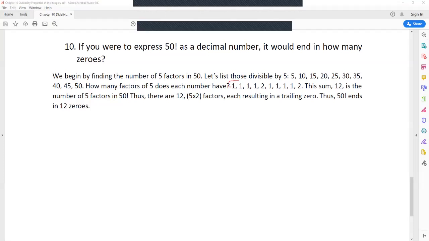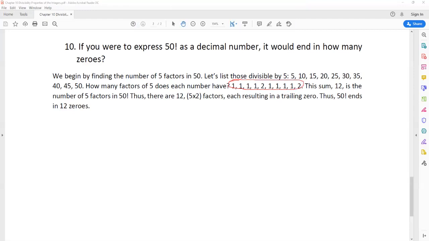If we add up the number of 5 factors that appear in 50 factorial, we would have a total of 12. Well, if you have any experience with working with factorial, you know that factorial is notorious for spitting out a lot of numbers that are divisible by 2.